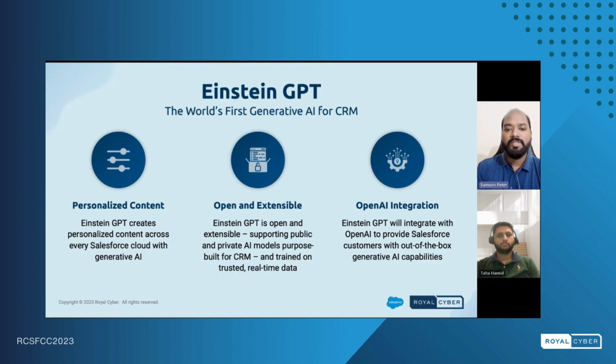It is open and extensible. It supports both public and private AI models, purpose-built for CRM and trained on trusted real-time data. Einstein GPT will integrate with OpenAI to provide Salesforce customers with out-of-the-box generative AI capabilities.